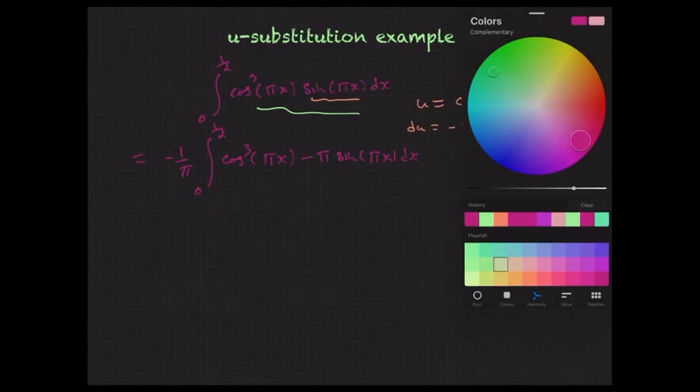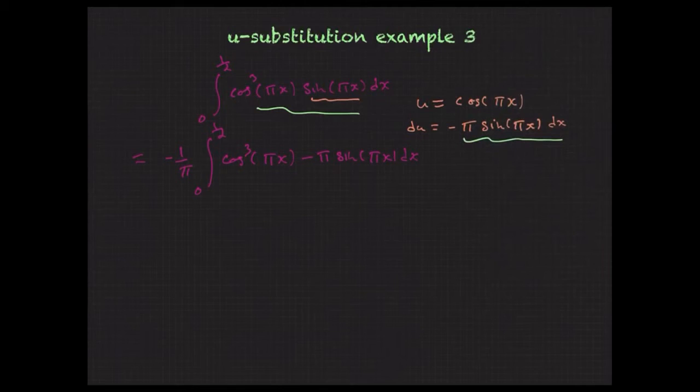And again, by putting in this correction factor of negative 1 over pi at the front, and I skipped a step and pulled it out. The more of these we do, I'm going to skip more steps because you get the idea of what's going on. That allowed me to work the pi in here and match this du.